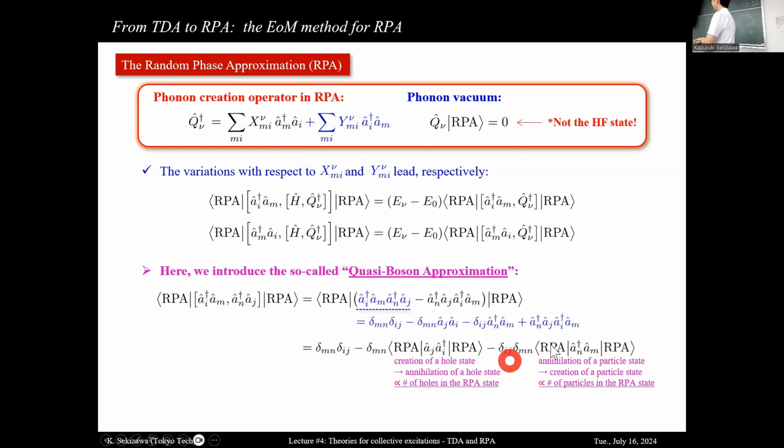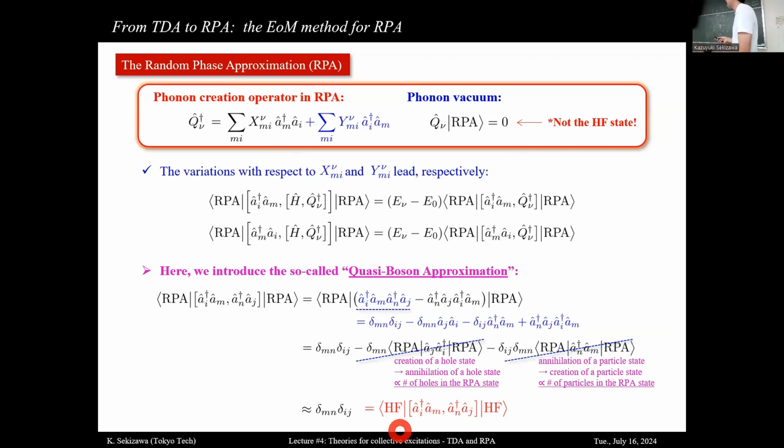Also this should be proportional to the number of particle states, and those must be small. Based on this kind of argument, in RPA we neglect those additional terms, and in the end what we have is that the expectation value of this commutation relation is just Kronecker deltas.